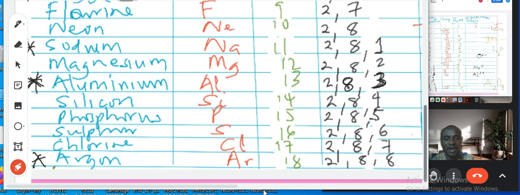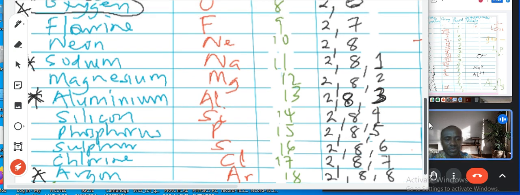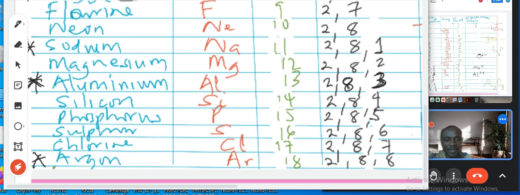Okay, so that we don't waste time, if I had included another element, do I have any space here? Let me call it calcium, for instance.